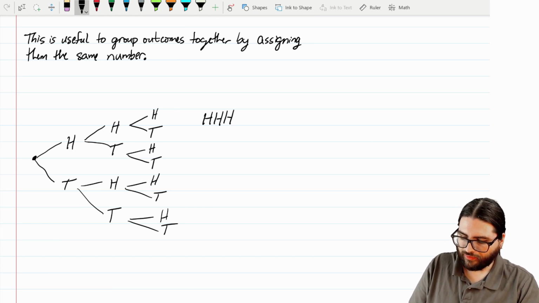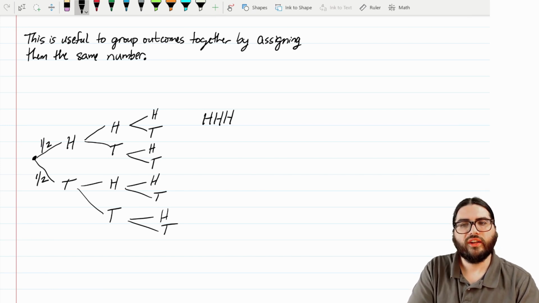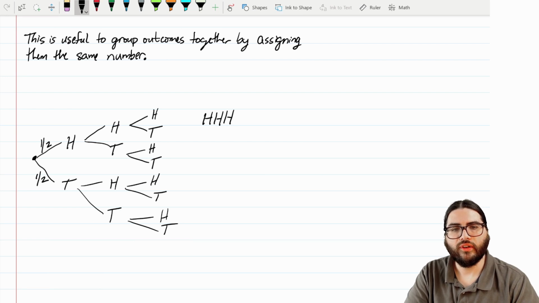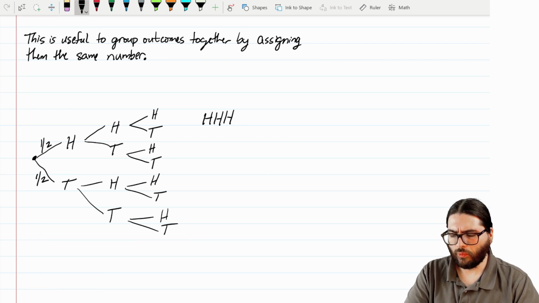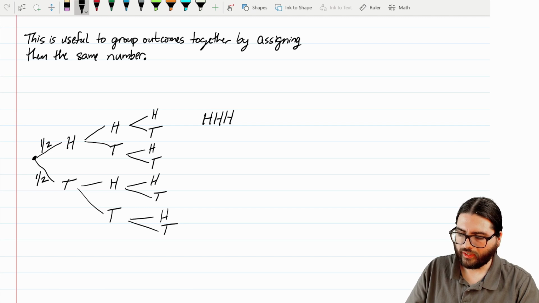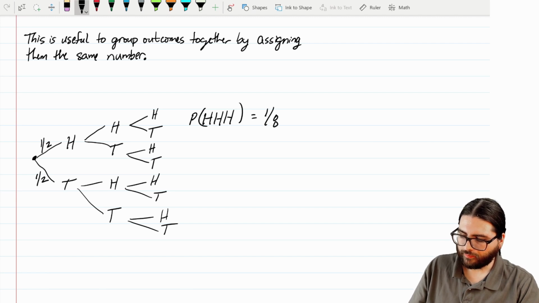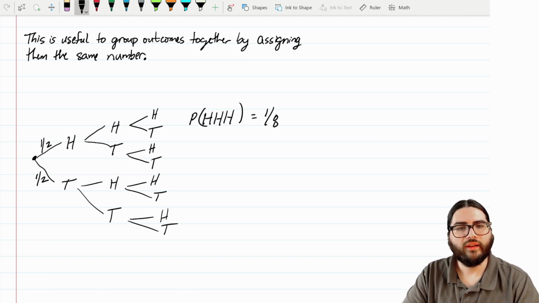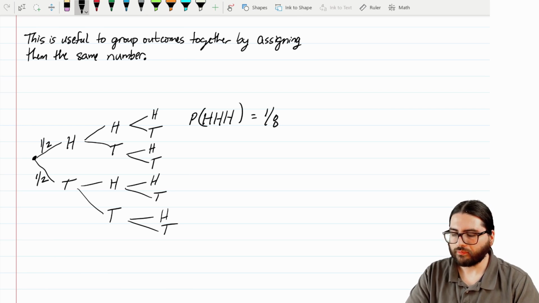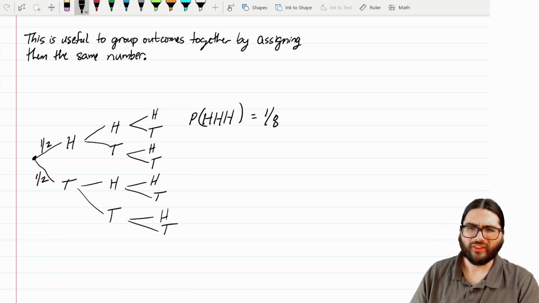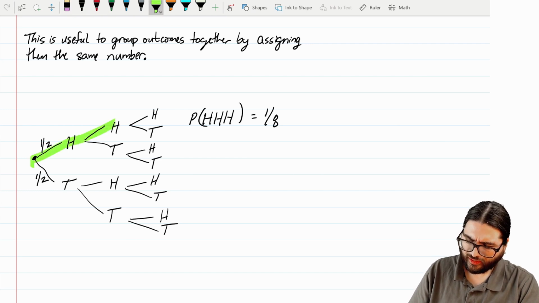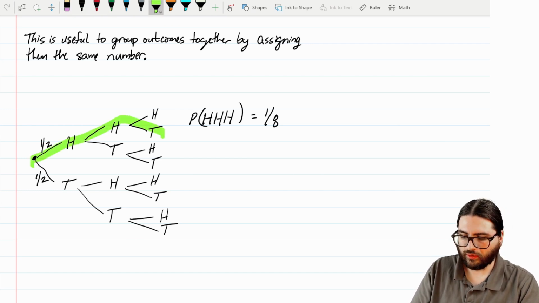And if I gave all of these branches a standard 1/2, 1/2, then that would be 1/2 times 1/2 times 1/2. The probability that we achieve this outcome is 1/8. 1/2 times 1/2 times 1/2. Of course, it would basically be the same, only I might have heads, heads, tails now.